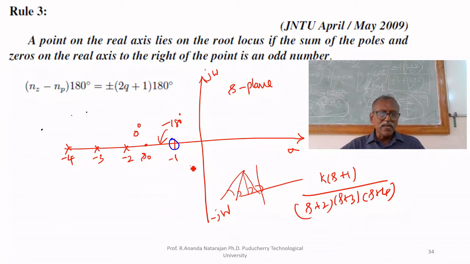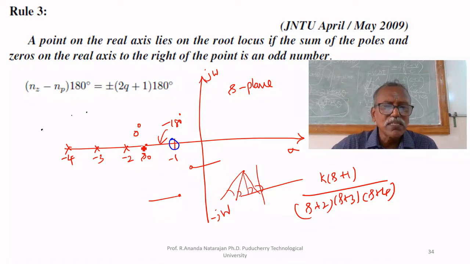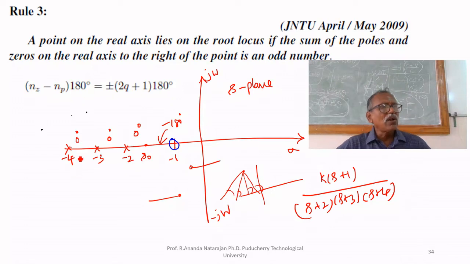Any point is there. If you draw a line like this, what is the angle? 0. If you draw a line like this, what is the angle? 180 degrees. What is the line joining minus 3 and S naught? That is also 0 degrees. What is the line joining minus 4 and S naught? That is also 0 degrees. Add all the angles.